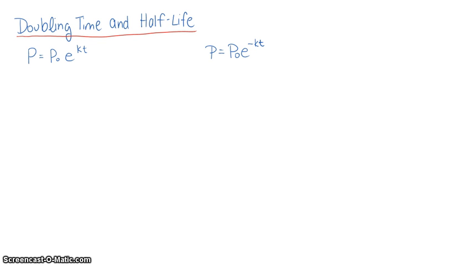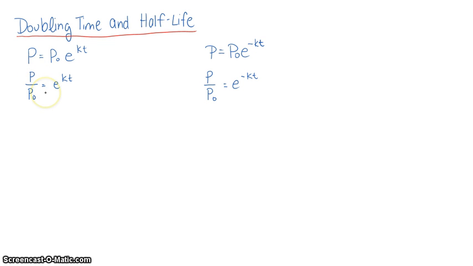Now when we have a doubling time, if we were to look at rearranging the formula, just divide both sides by your initial amount. We know that doubling time is going to be increasing, so we're going to have a positive exponent. Half-lives are going to be decreasing your amount, so we're going to have a negative exponent. That's basically the difference between the starting facts in these two equations. Now, if we're looking for a doubling time, we're interested in when the initial amount gets doubled.